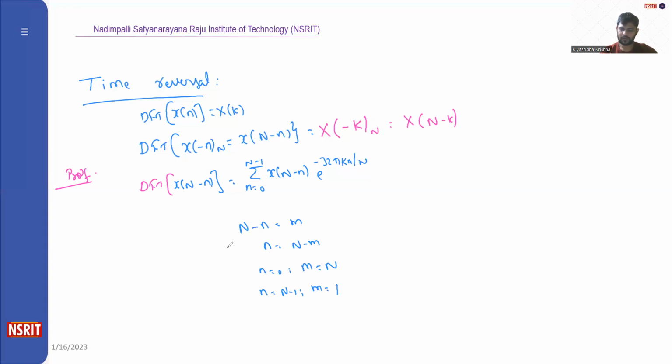With all these terms, I will get x of n minus n. This is the DFT. It is nothing but the summation m equal to 1 to N of x of m e to the power of minus j 2 pi k (n minus m) by N. This is the term I will get.